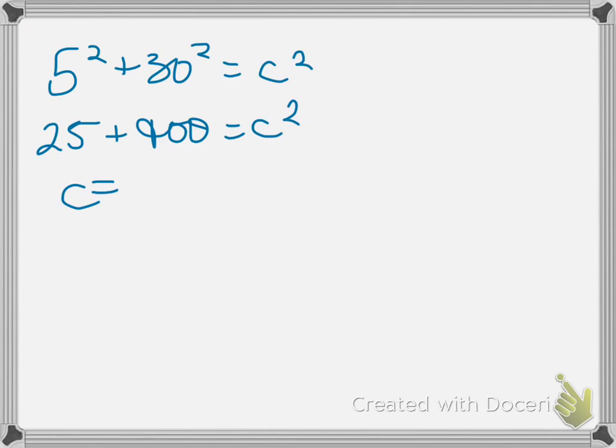C is going to be the square root of 925, which is approximately 30.41. Okay? So that is going to be the base of the parallelogram.